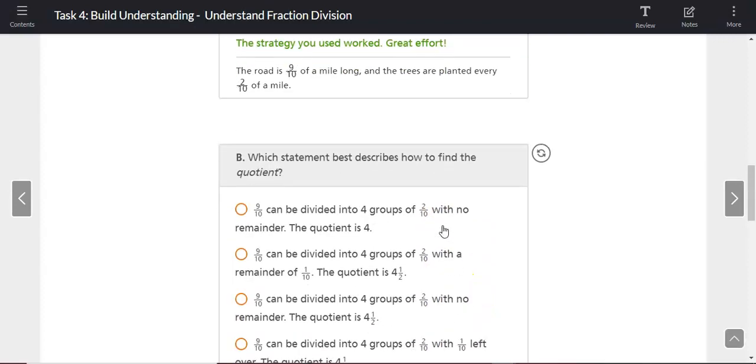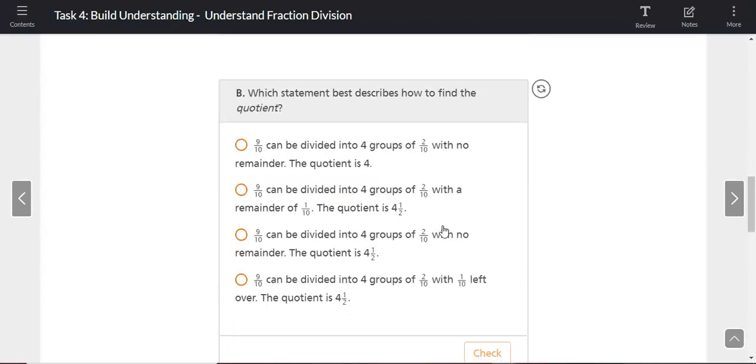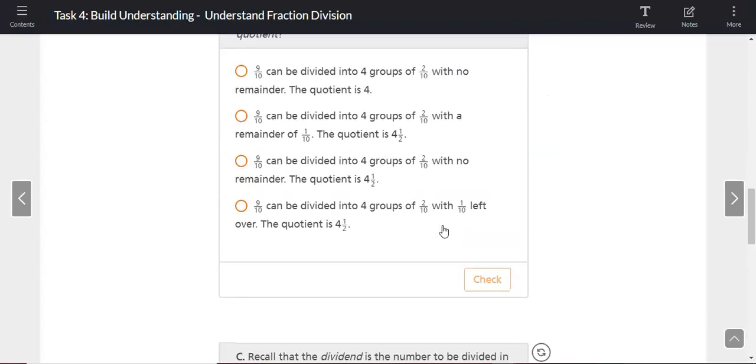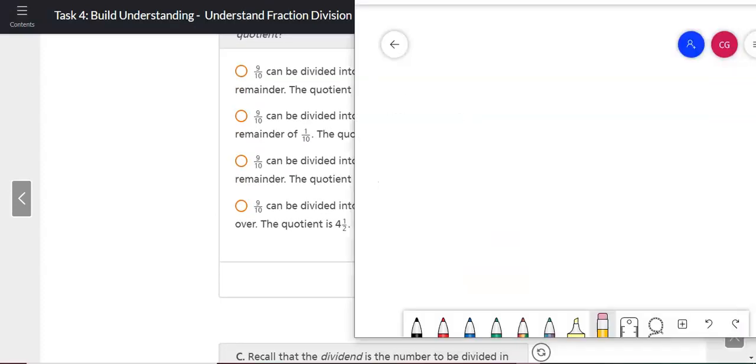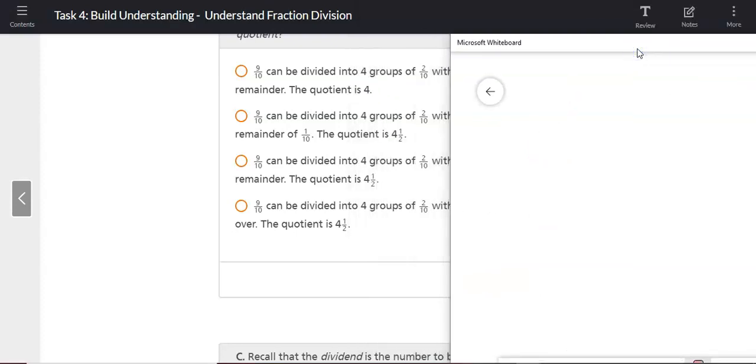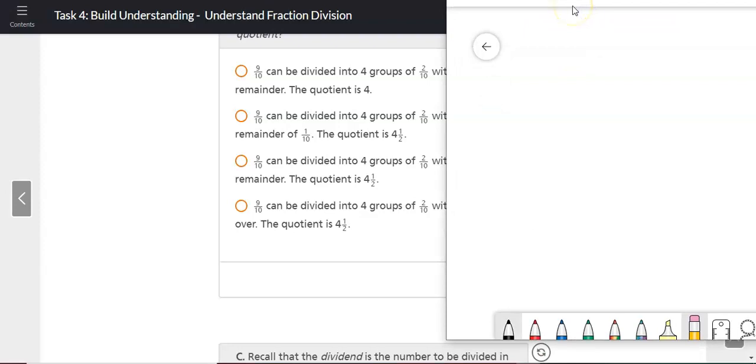And as I'm doing it, I'm going to need to get a work page up. Hold on one second. So if I draw this out for us, apparently I have the eraser on still.